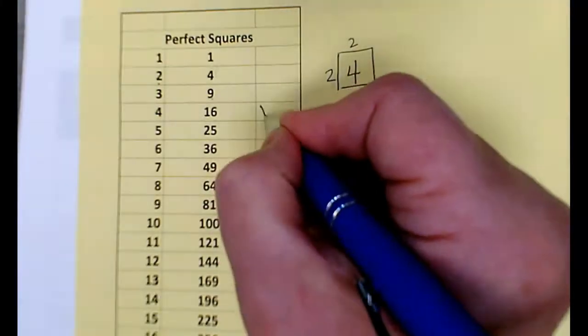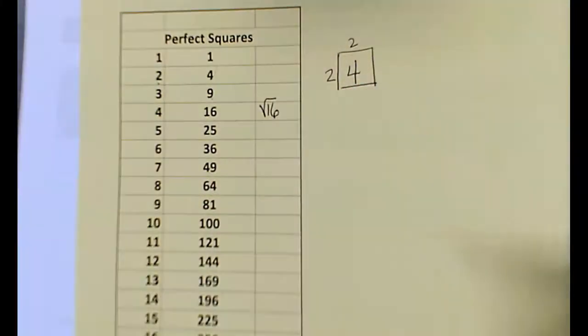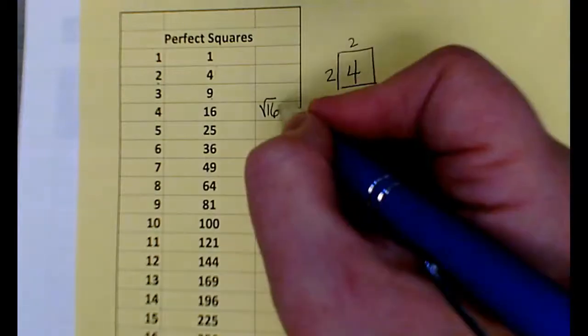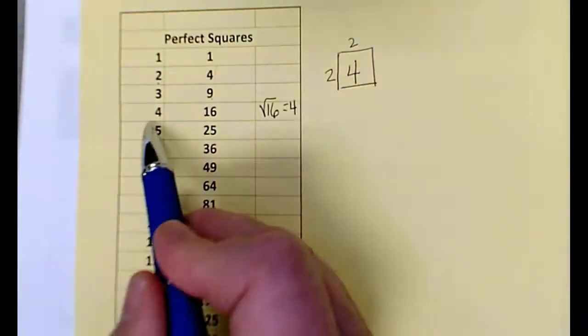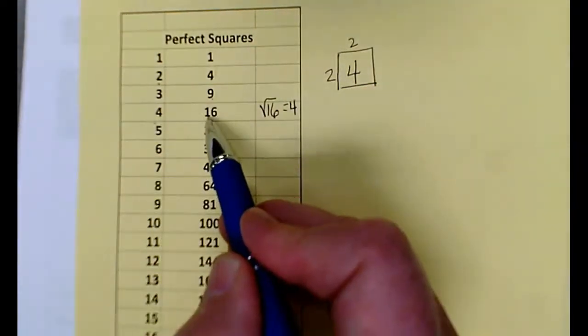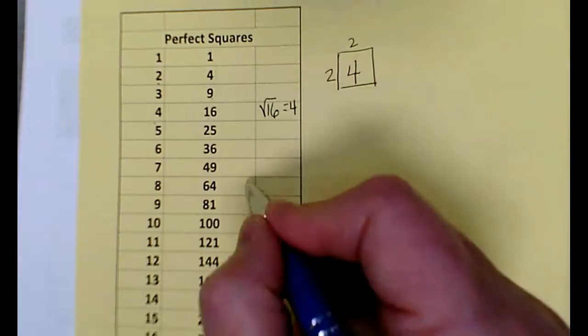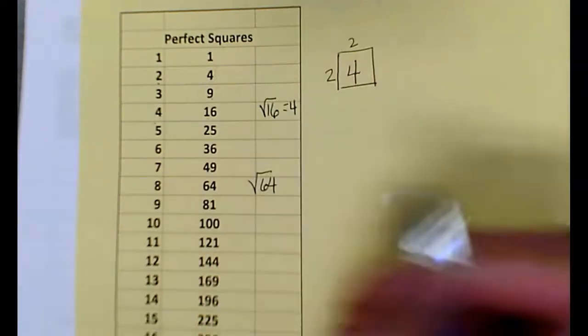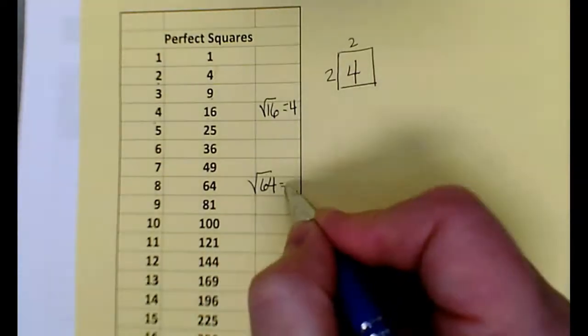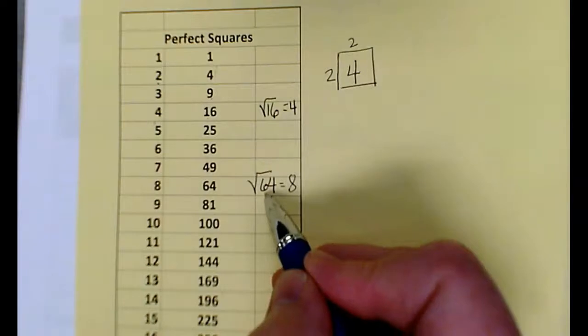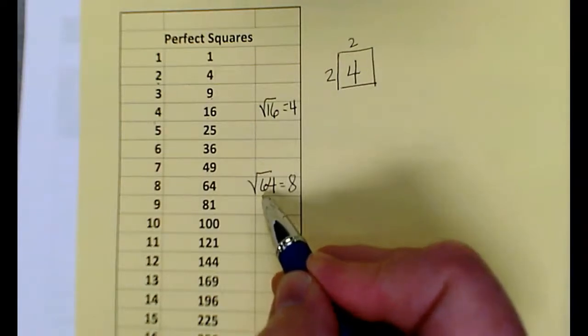And so what would the square root of 16 be? Because that's the number that you multiplied together to get the 16. What would the square root of 64 be? Because 8 times 8 is what you multiply together to get 64.